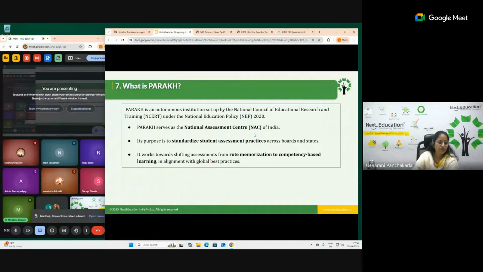CBSE is an administrative body which takes care of the complete schooling, the evaluation, the certification, the gradation, etc. But NCERT is an independent governing body which takes care of academics, research, and any assessment matters. That is the reason PARAKH comes as a part of NCERT.